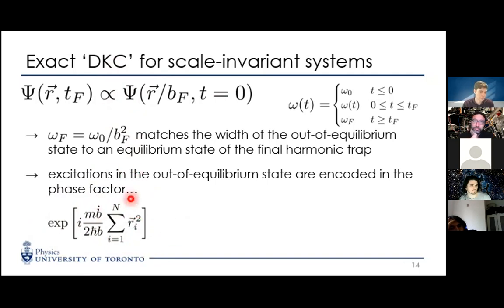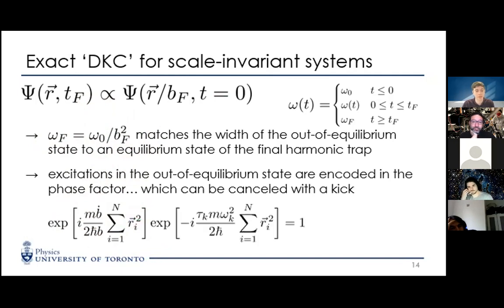So it's this phase factor that is preventing our system, if we've matched the size of the cloud appropriately, from being an eigenstate of this final Hamiltonian. So if we can cancel that phase factor with a kick, then we're good to go.